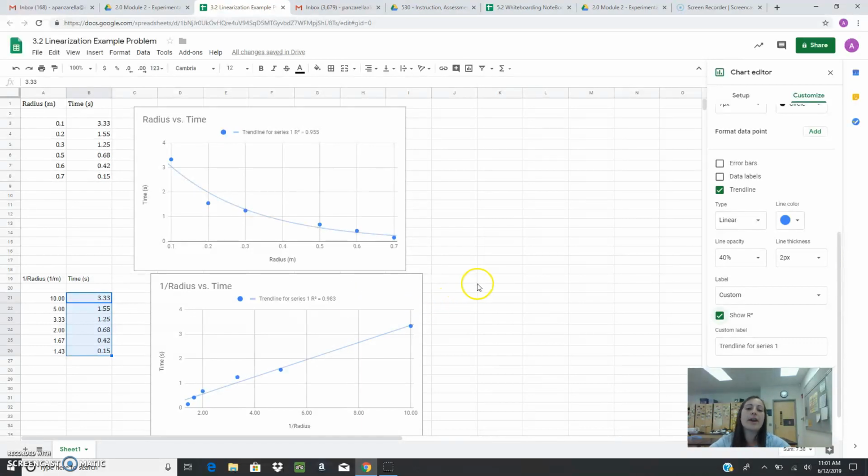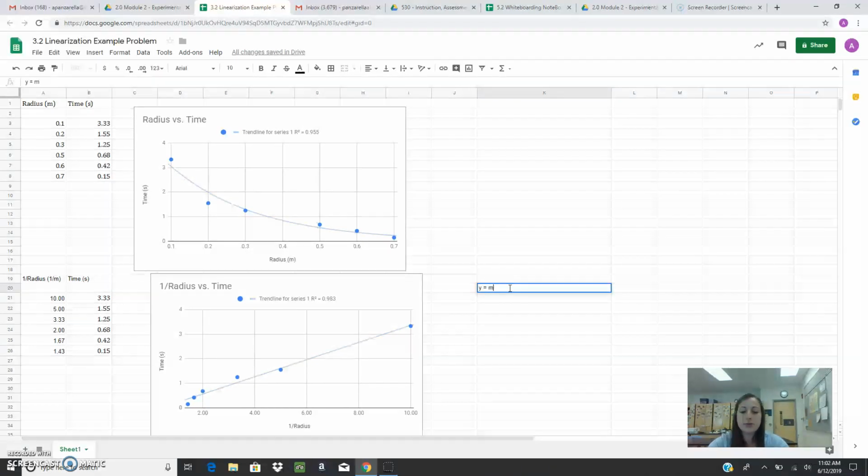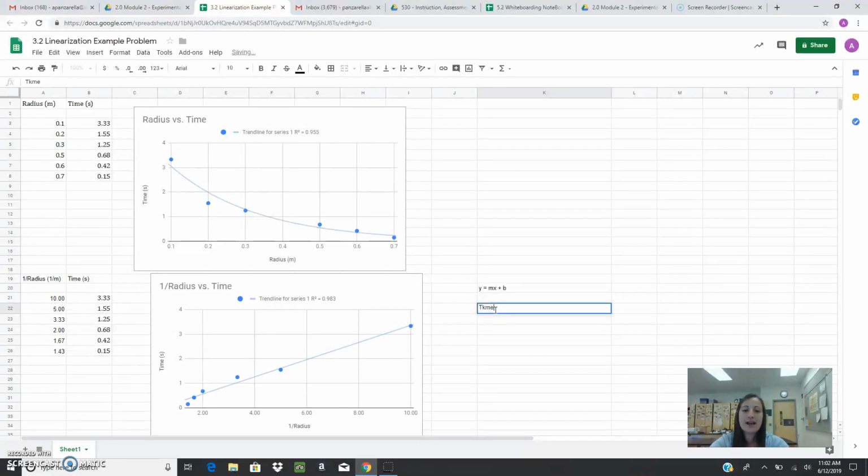And this is where we start to look at our mathematical models, starting with y is equal to mx plus b. Now, what I would write, y means something in physics. So y means time. So it's time is equal to my slope, and that should be a value. Right now, I don't know it.